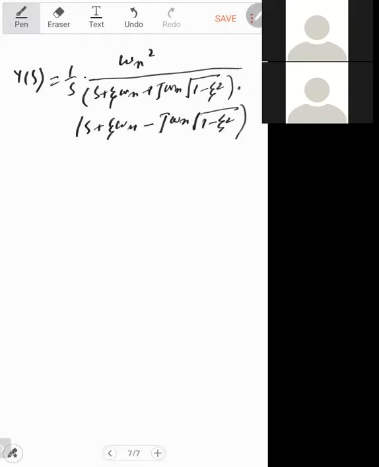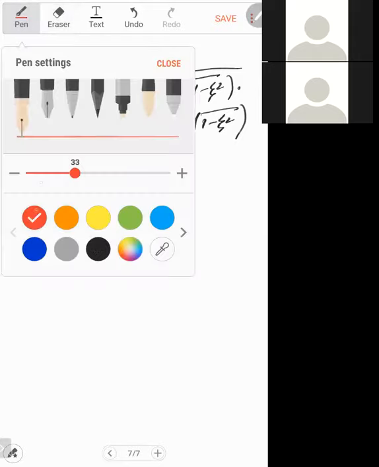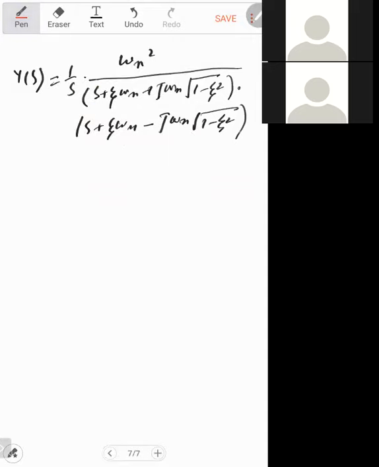So let's say that we have 3 poles. One pole is at s is equal to 0. One pole is at s is equal to minus zeta omega n minus j omega n root 1 minus zeta square, and another pole is at minus zeta omega n plus j omega n root 1 minus zeta square.